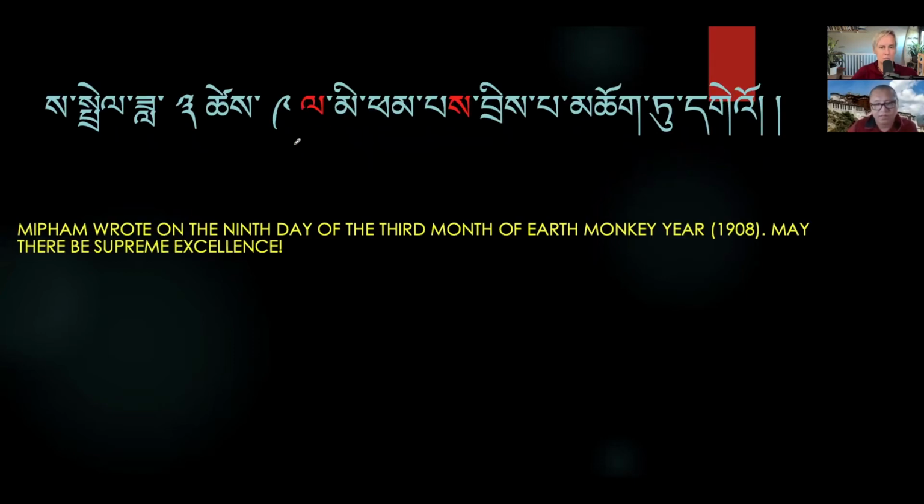If this turns into English, so Mipam, right? Wrote, jiva. So that's Mipam jiva, right? That's witnessing. And when, on, this is the same thing. In English and Tibetan, of course, we're opposite. In Tibetan it's year, month, day.